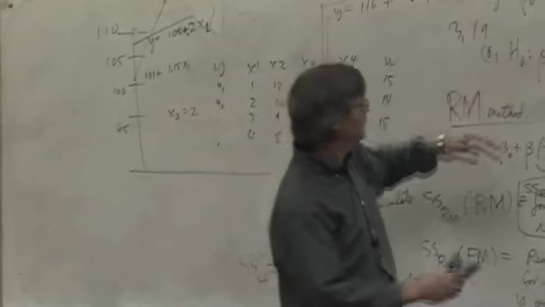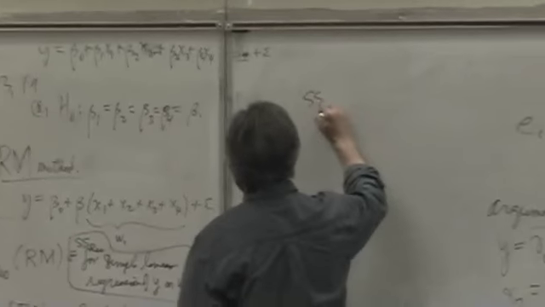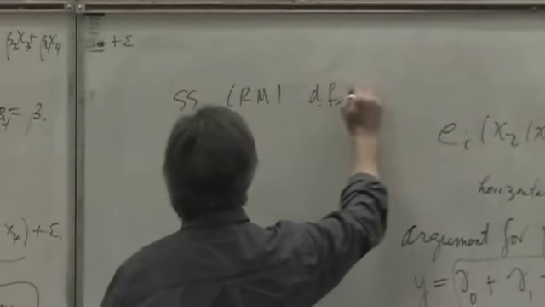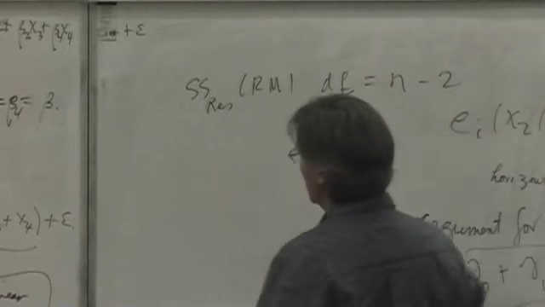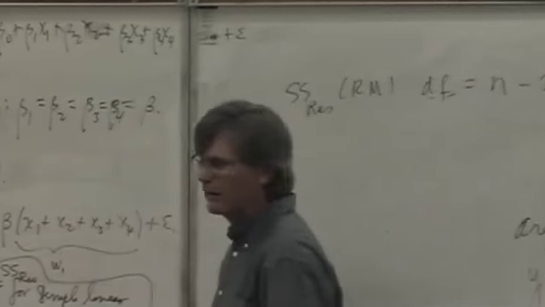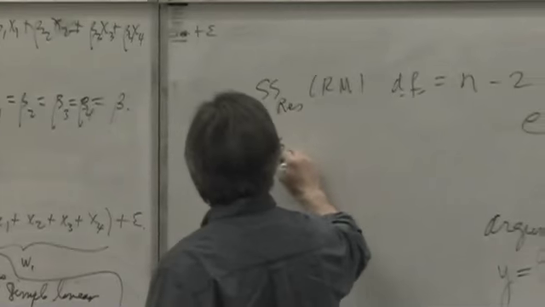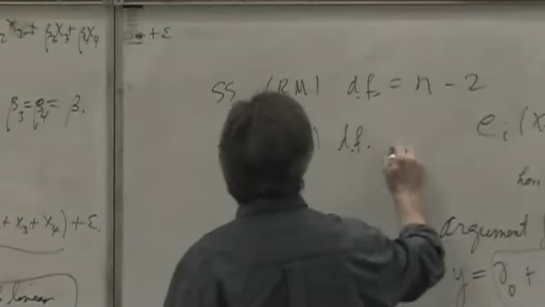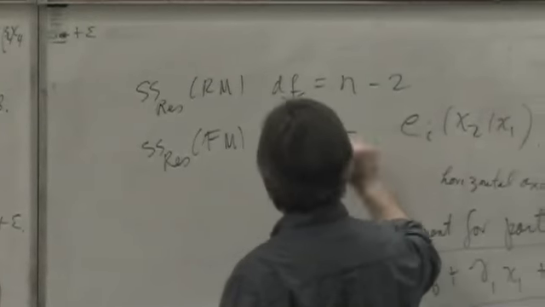Because what's the number of degrees of freedom of SS-res reduced model? It is n minus 2. There are 2 parameters estimated, right? The beta 0 and the beta. And the SS-res full model degrees of freedom were n minus 5.